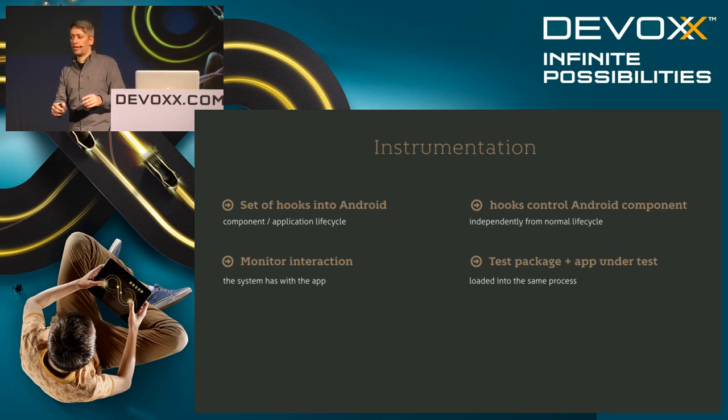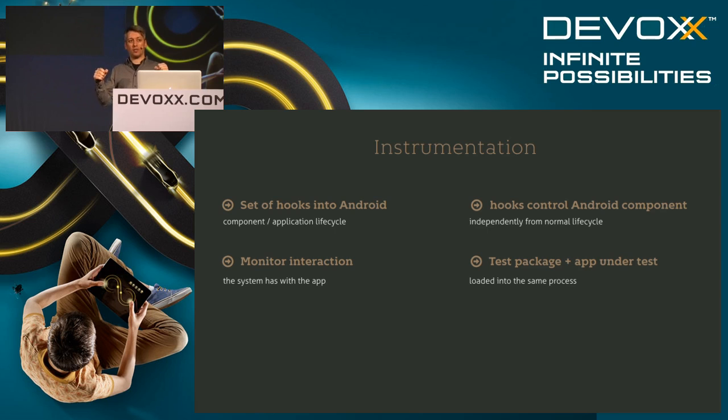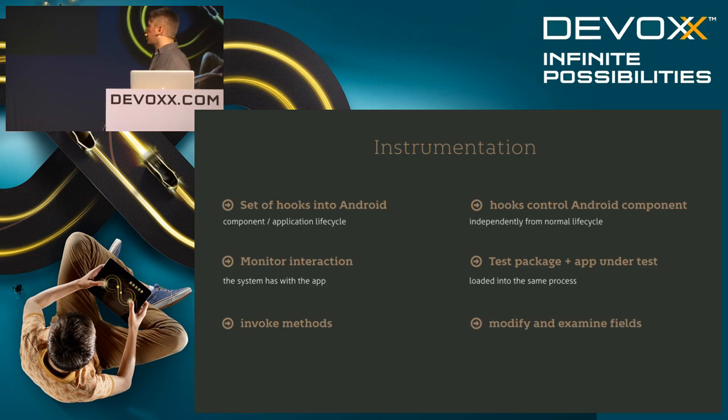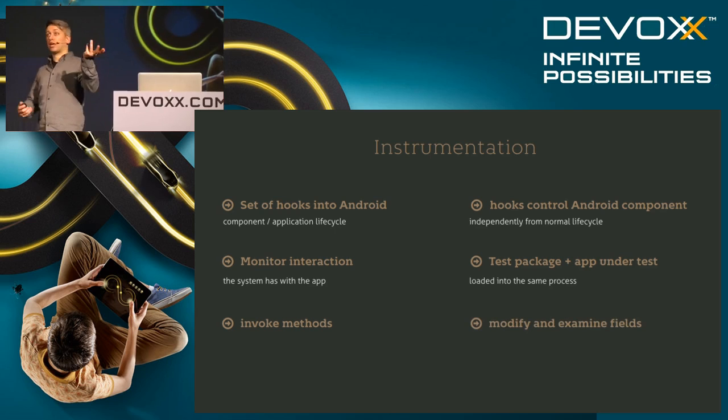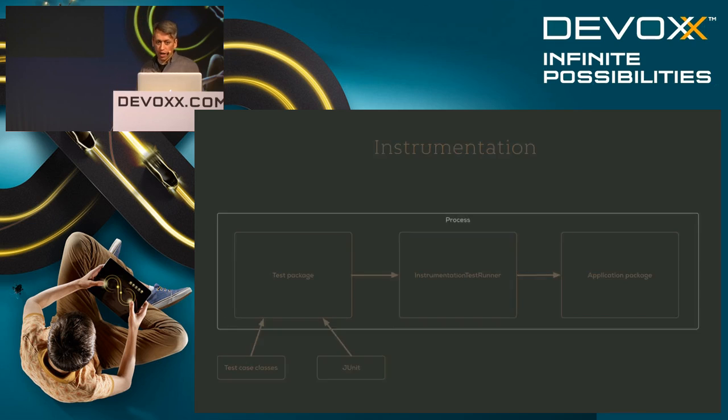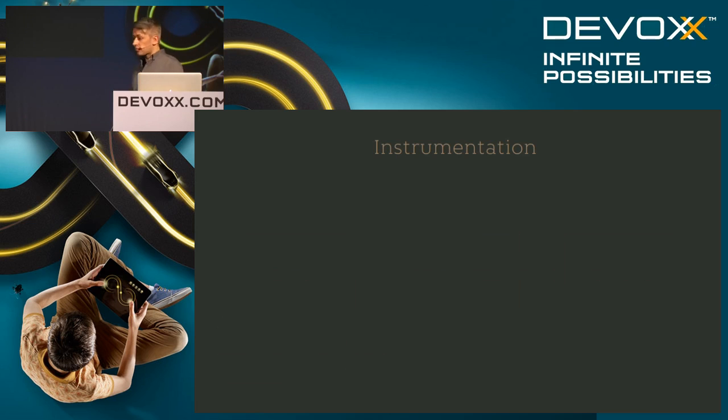Emulator really doesn't matter for this story, but both of the applications are deployed in the same process, and that's why the testing application can start instrumenting your real application. And so it's possible from your test application to invoke the methods of your real application, and then of course, if you modify fields, you will also want to examine what is going on.